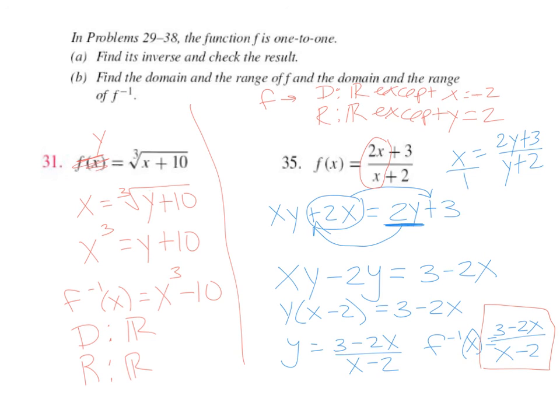You can see that our domain is all real numbers except x equals 2. So the domain and the range match up. You just have to switch your x and your y. And then if you divide your x's, negative 2x divided by x, you get negative 2. Right, so if you're looking here to find the range, negative 2x divided by x is negative 2, which is what we had. So that did work out.